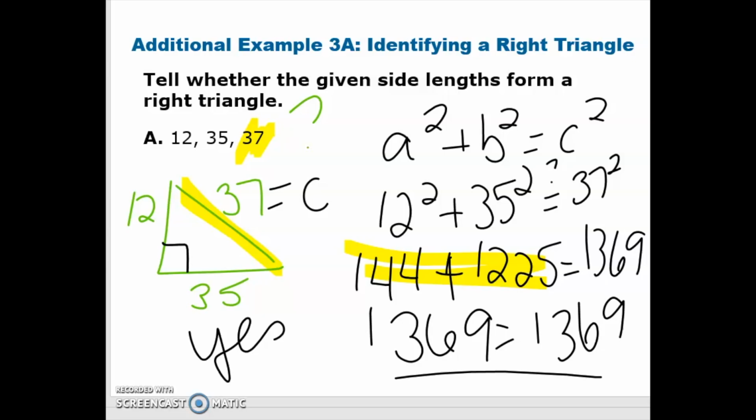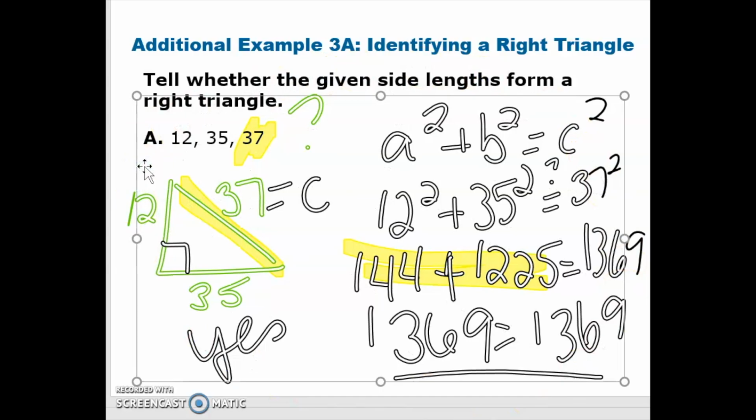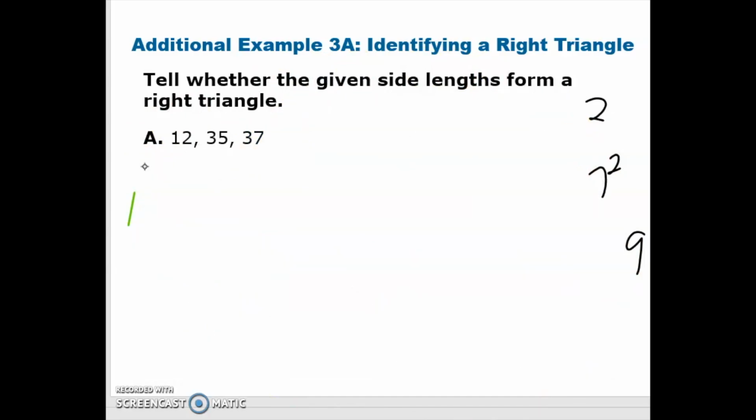In fact, the right angle would be right there. So in order to test if three sides make a right triangle, we just plug them into the Pythagorean theorem and see if it works. If it does work, we say yes. If it doesn't work, we would say no. So go ahead and practice solving some distance formula problems and testing to see if some triangles are right triangles.